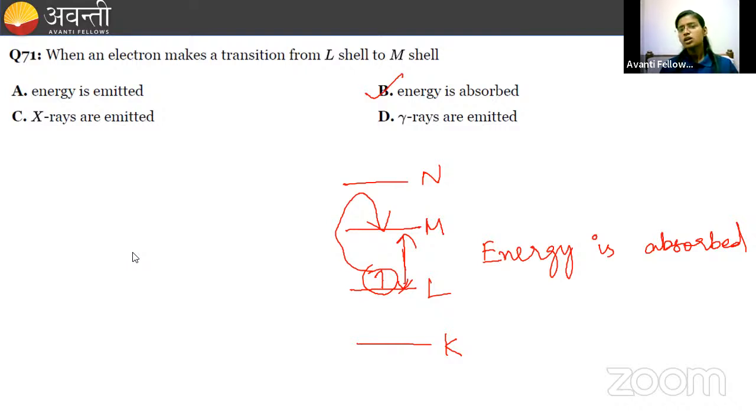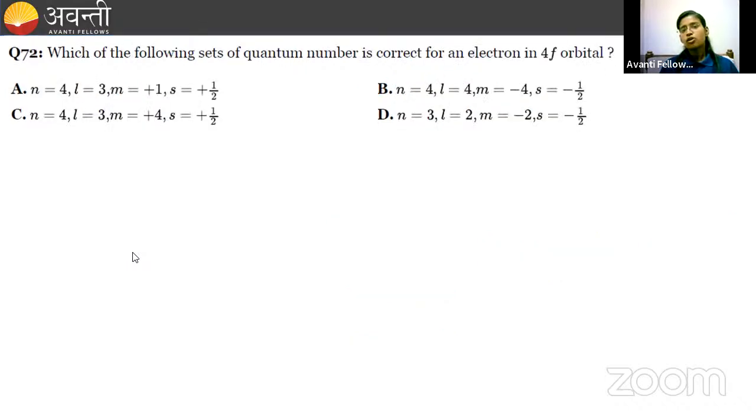Now coming to the next question. Which of the following sets of quantum numbers is correct for an electron in 4f orbital? For 4f orbital, what is the value of n? The value of n is 4.